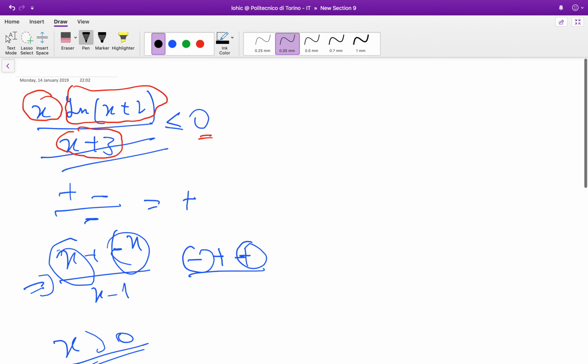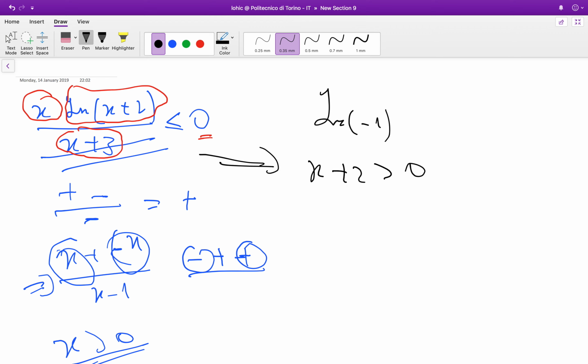Then look, what is the domain? When I say the domain of this inequality, what do I mean by the domain? You know that, is it possible to do the logarithm of minus 1? No, we cannot do the logarithm of a negative number, right? So the condition for this inequality is that x plus 2 should be greater than 0, right? The equation was x plus 2, right? It was exactly like this, right? I hope we didn't make any mistake.